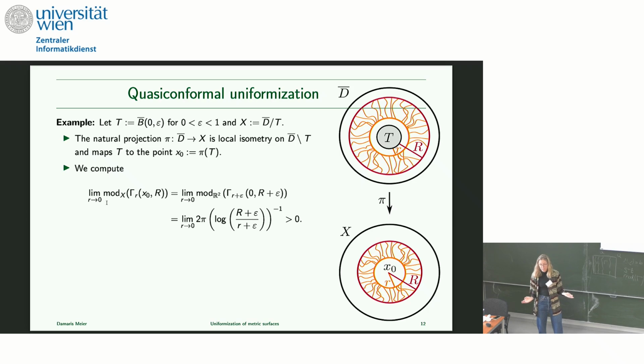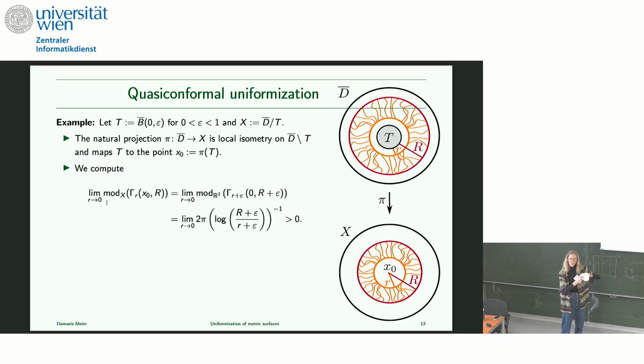And we have a formula for that. And we see that if we let little r go to 0 in that formula, it will always be strictly bigger than 0.